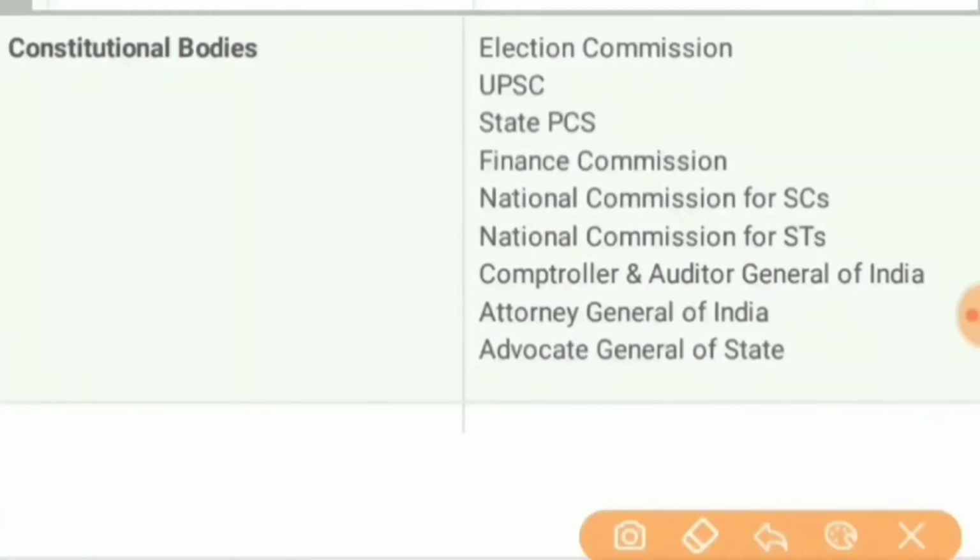Constitutional bodies are bodies that are present in the constitution and are not formed by an act or a parliamentary law.